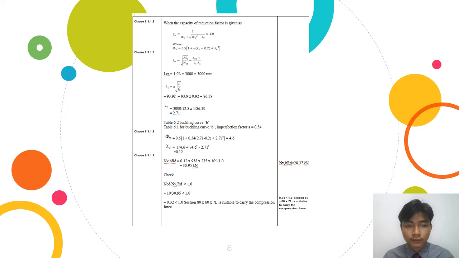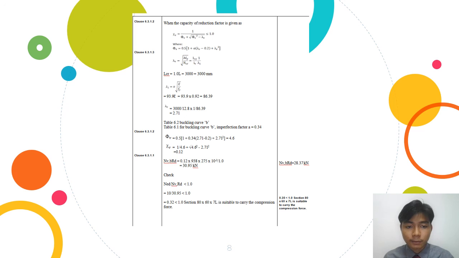So Lcr, 3000 over 12.8, plus 1 over 86.39, we got the lambda bar equals to 2.71, so the answer will be 2.71.